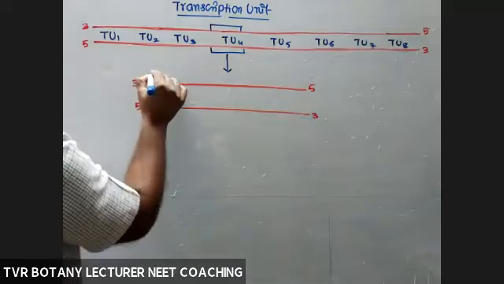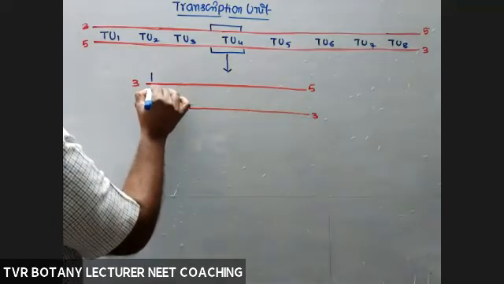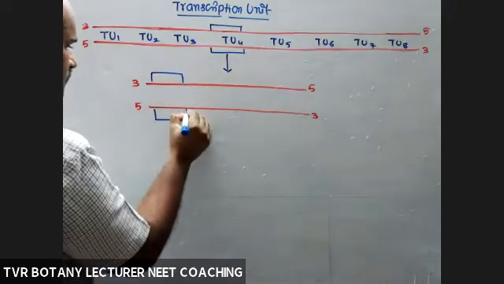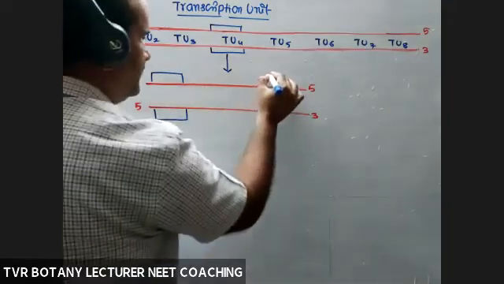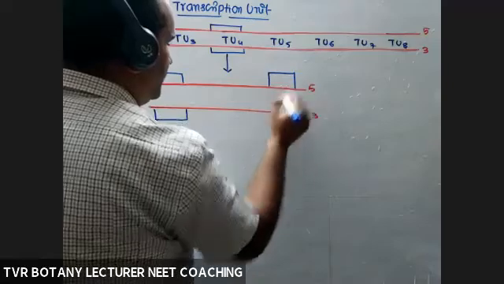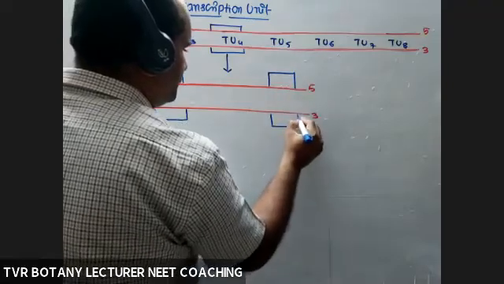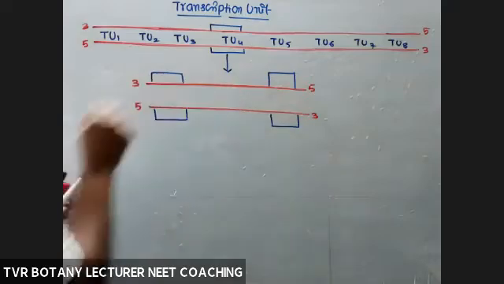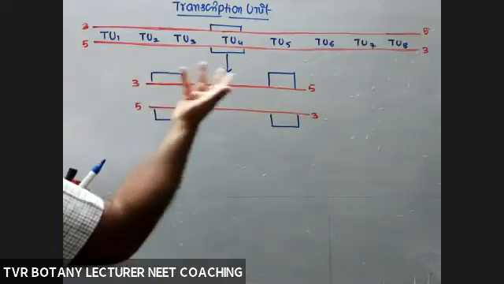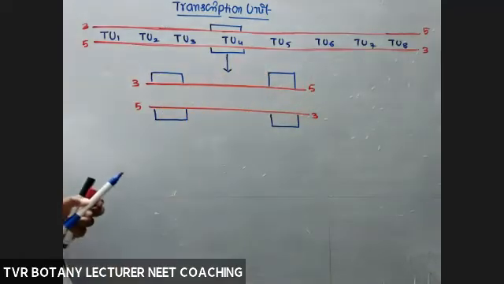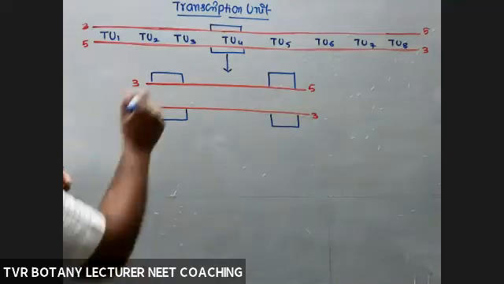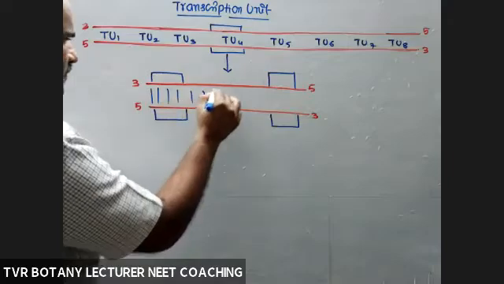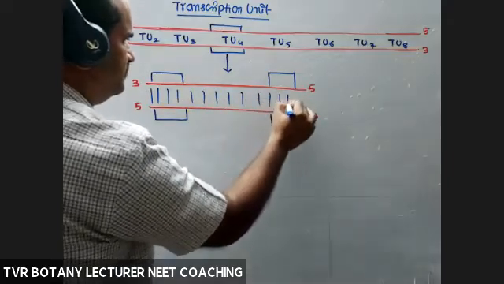Okay, so this is some segment. We'll see what that one is. And this is the other one given in your textbook. So this is a transcriptional unit. That may be 1 or 2 or 3, third one or fourth one or fifth one. Okay, so double stranded DNA molecule. Base pairing.